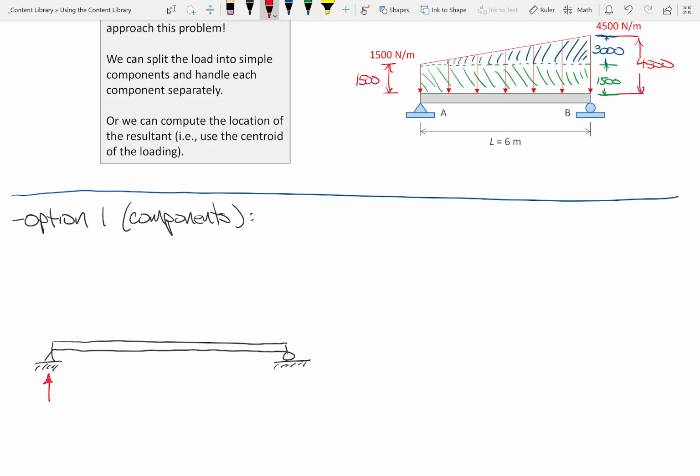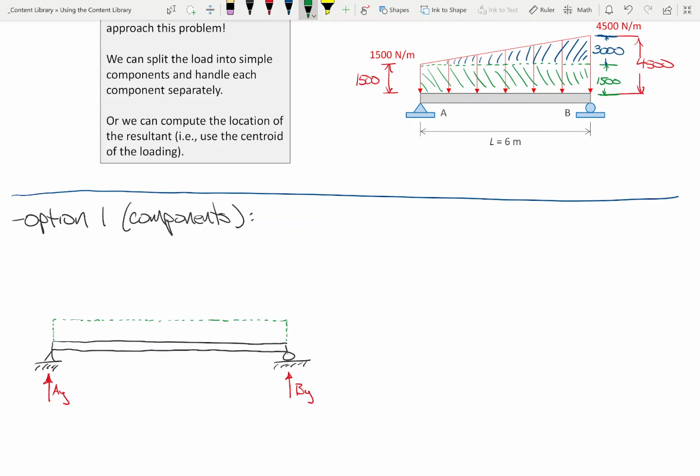We'll call this AY and BY. I don't know what they are yet, okay? But what we'll do is use my color scheme. I have a distributed load that's kind of like this, okay? Now that's a rectangle, okay?